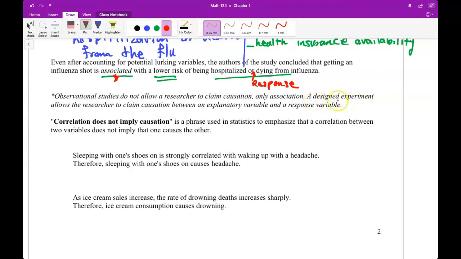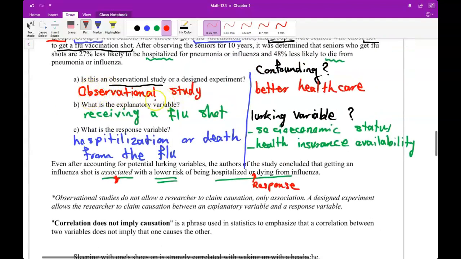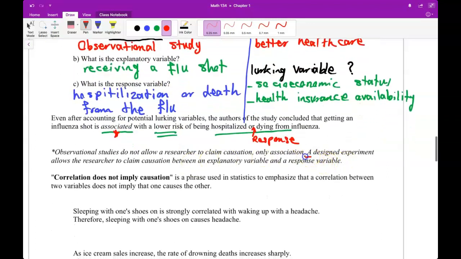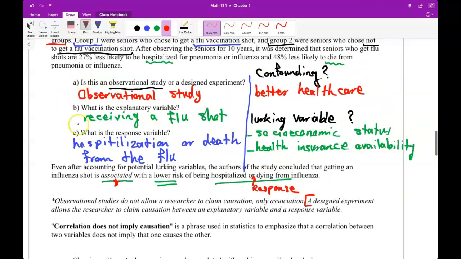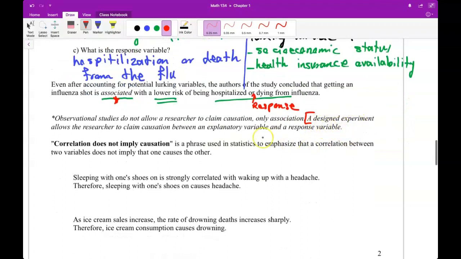The next one: a designed experiment allows the researcher to claim causation. In this example, we had an observational study. We didn't have a designed experiment, so the support here is not for the example we had on top. If we had a designed experiment, that allows the researcher to claim causation.